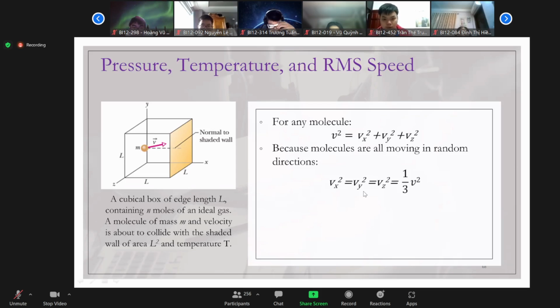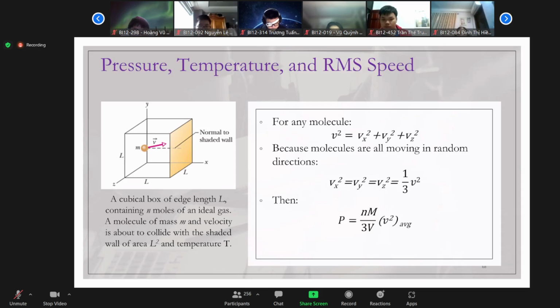Then we should consider that the x-axis is only one component of the movement of the molecule, and it is equal only to 1/3 of the final speed squared of the molecule. Okay, we should consider this one.